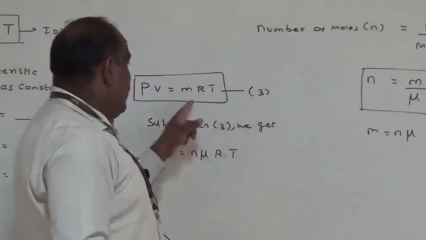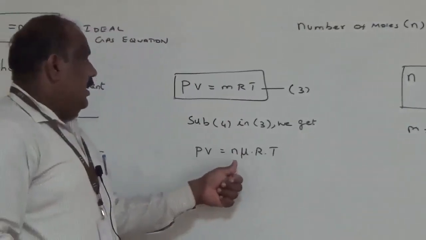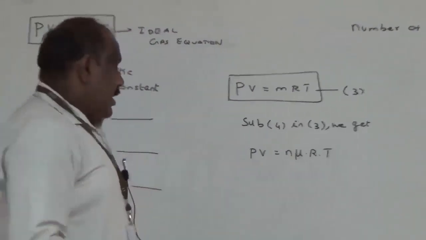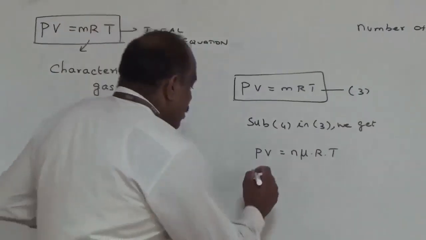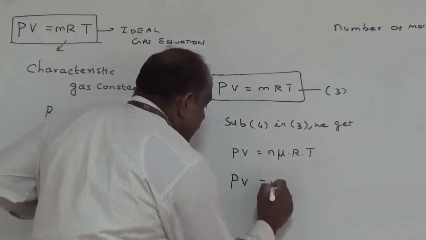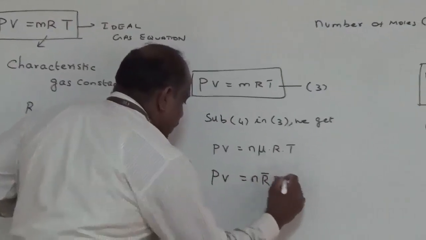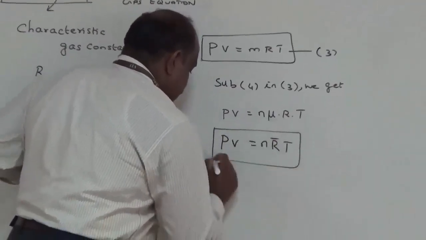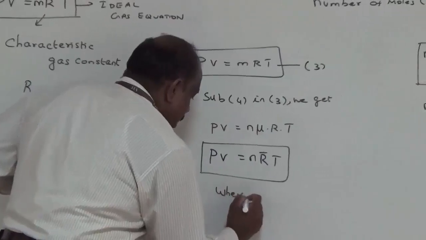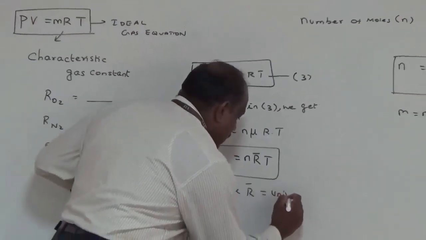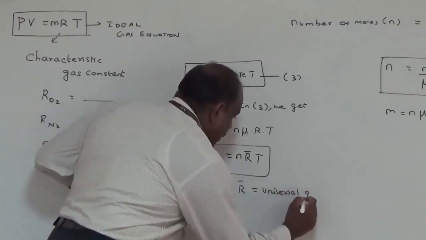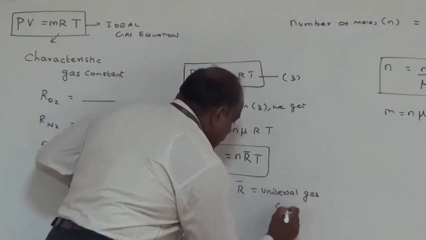So substitute for m in this equation, I will end up with n into mu into R into T, where mu is nothing but the molecular weight of the particular gas. So this PV can be written as n R bar T, where R bar is nothing but the universal gas constant.